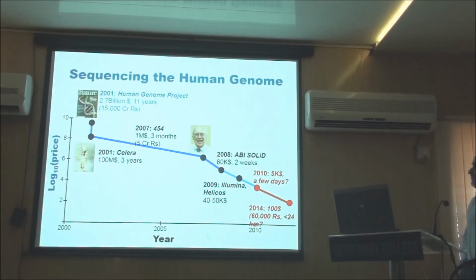If you want comparative figures, Illumina generates something like 300 GB of data in one run. If you take the average human genome to be 3 GB, in one Illumina run you can sequence 100 human genomes. If you extrapolate this further, a typical microbial genome is 5 megabases, so in a single Illumina run with 300 GB of data, theoretically you can sequence 60,000 microbial genomes.